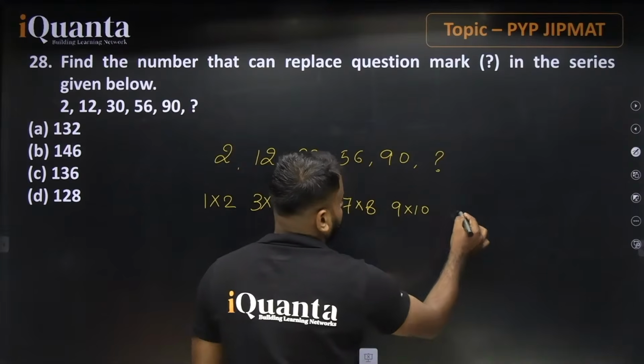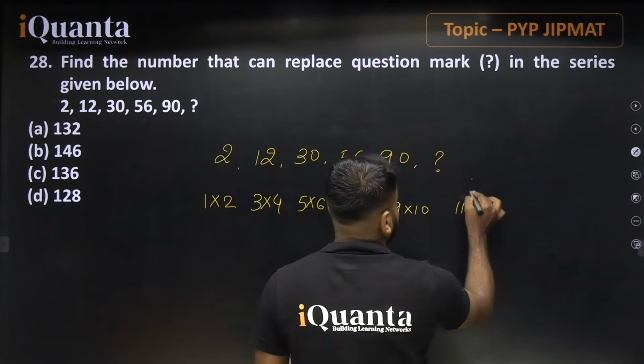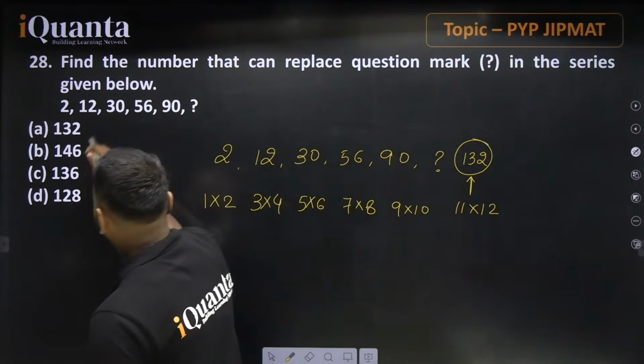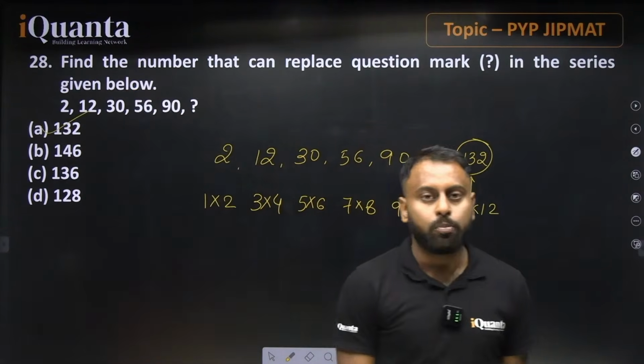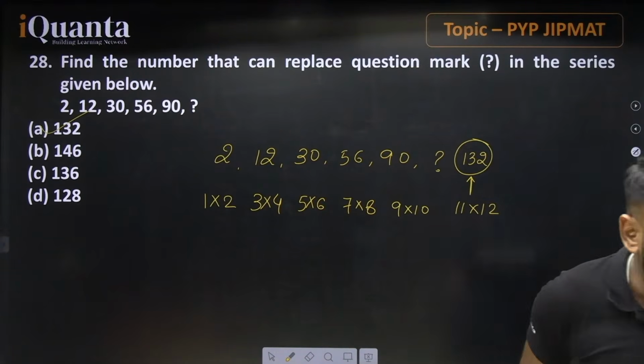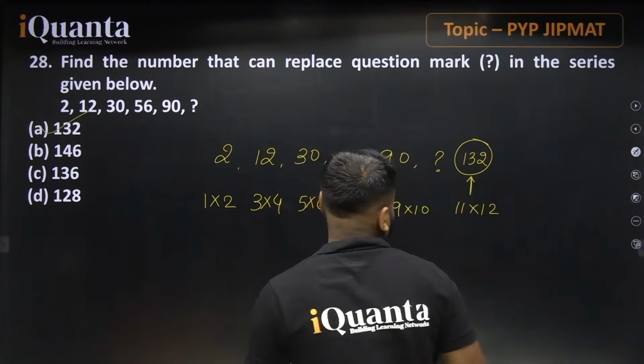The next value will be 11 into 12, which is equal to 132. So 132 means option number A is the right one. The product of two consecutive natural numbers is the pattern. So the correct answer will be 132.